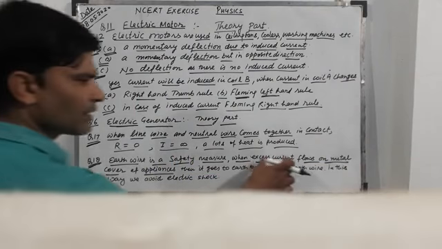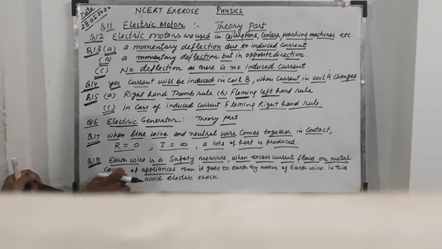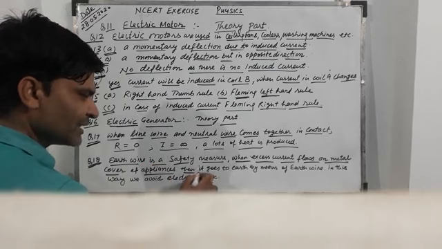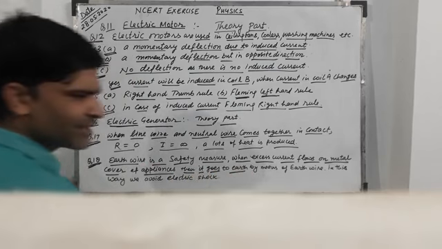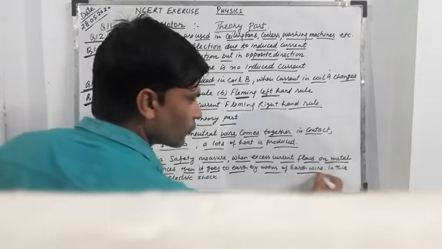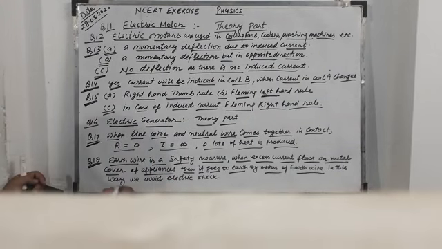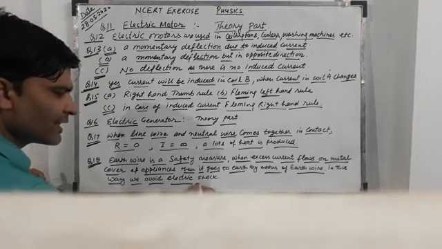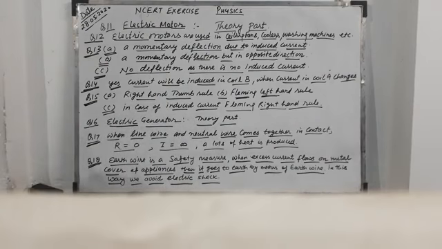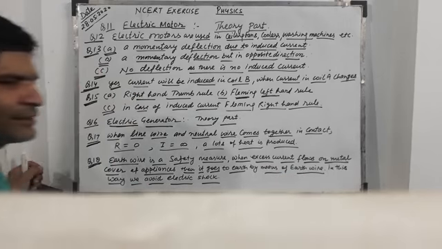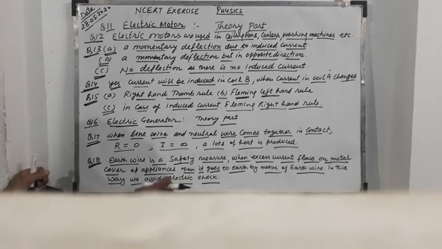When excess current flows on metal cover of appliances, then this excess current goes to earth by means of earth wire. In this way, we avoid electric shock. Okay, if earth wire is not there, then we get electric shock, and this is harmful.